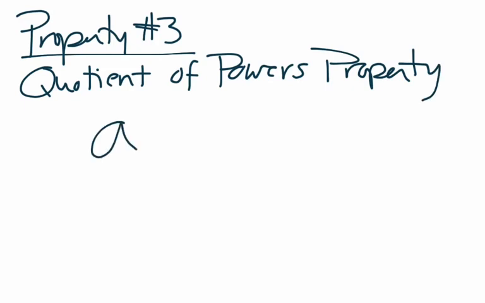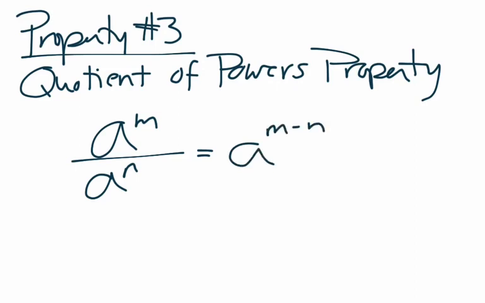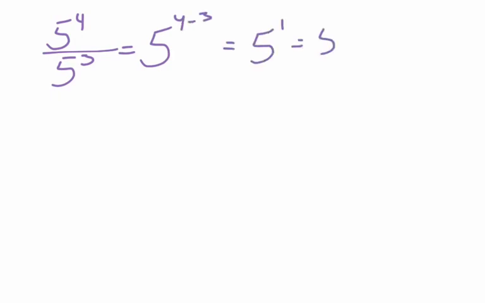And that says this: if you are dividing like bases, you can subtract the exponents. So as an example of this property being used, you might have 5 to the 4th over 5 to the 3rd, and so you would say, oh, that's going to be 5 to the 4 minus 3, which is 5 to the 1st power, which is just 5.